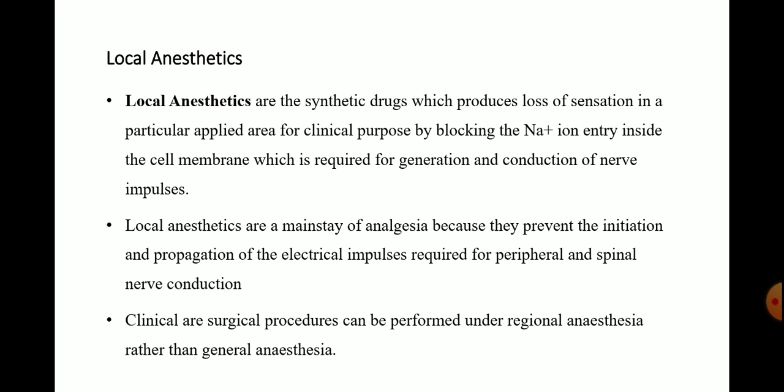Clinical and surgical procedures can be performed under regional anesthesia rather than general anesthesia.